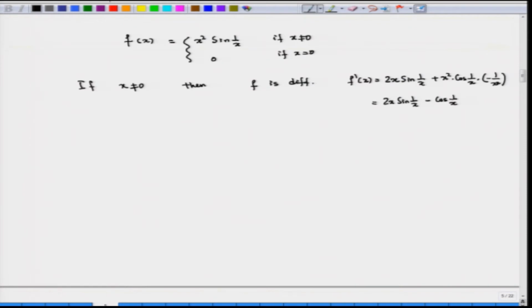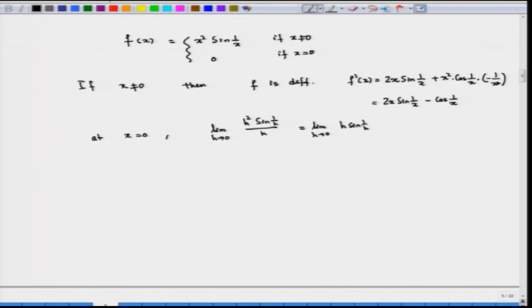Now, at x equal to 0, this is the limit as h goes to 0 of h square sin 1 over h by h, which is equal to the limit as h goes to 0 of h sin 1 over h.